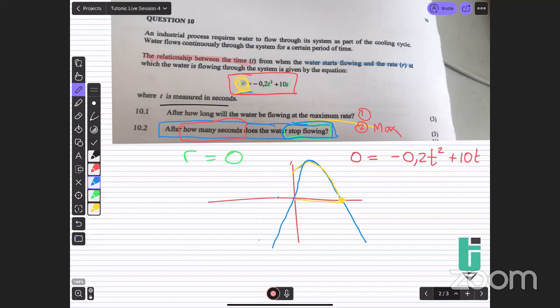We can divide by negative 0.2. Do you guys want to divide by negative 0.2? Okay, so it's t squared minus 50t.